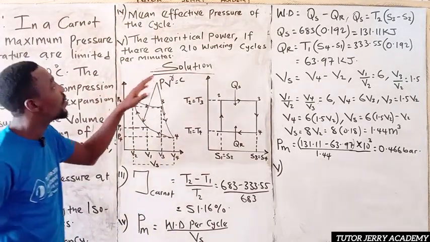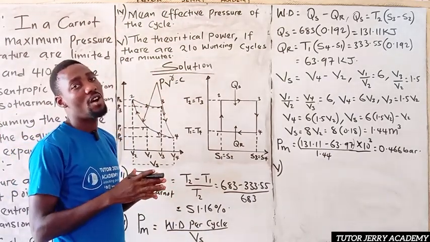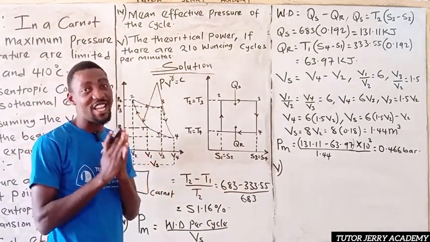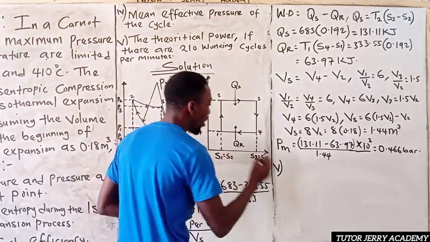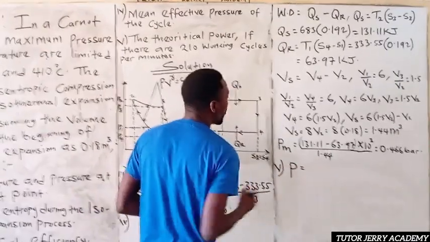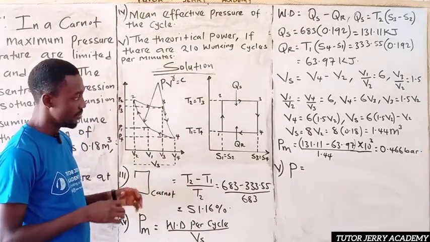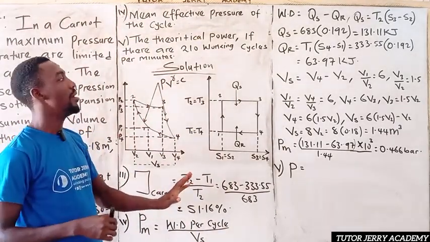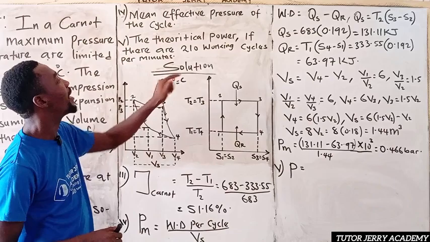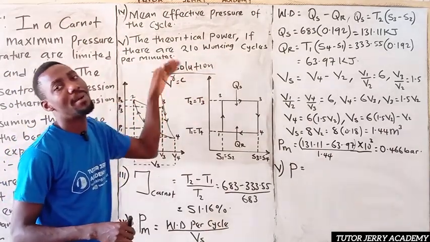All right, here they want us to find the power of the Carnot engine, P. So the power of the Carnot engine will be equals to the work done by the Carnot engine multiplied by the working cycles per minute.